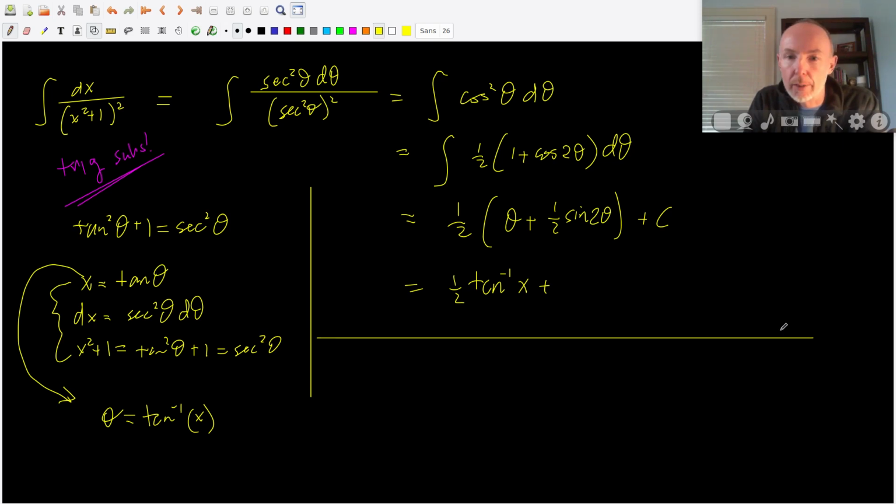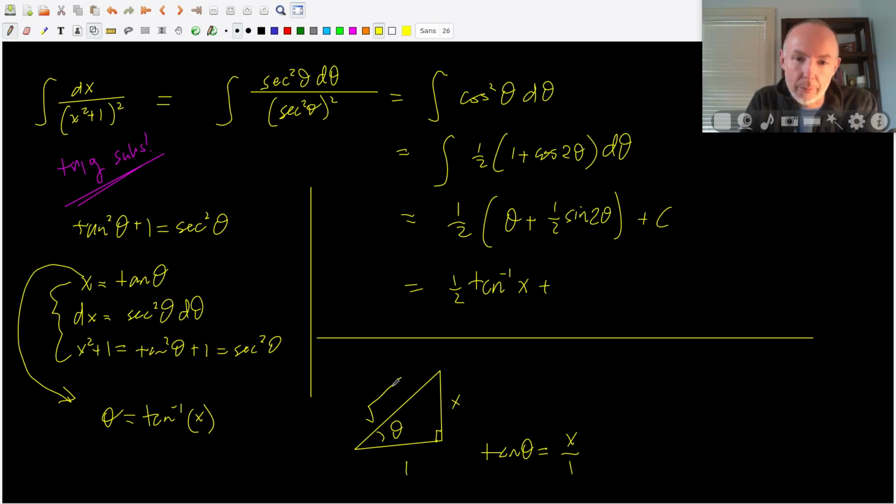So if I draw my triangle down here, here's the triangle, right angle, theta. And what we started with was tan theta equals x over 1. Right? And tan is SOHCAHTOA, so opposite is x and adjacent is 1.